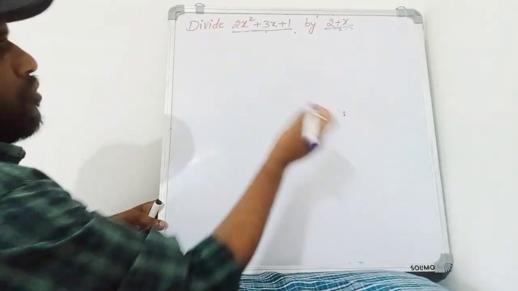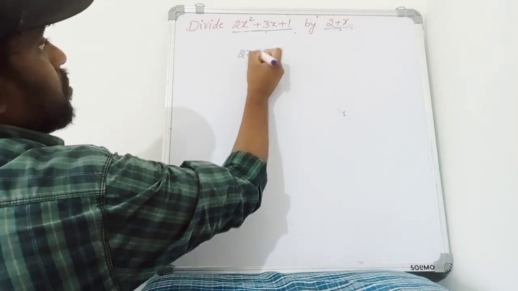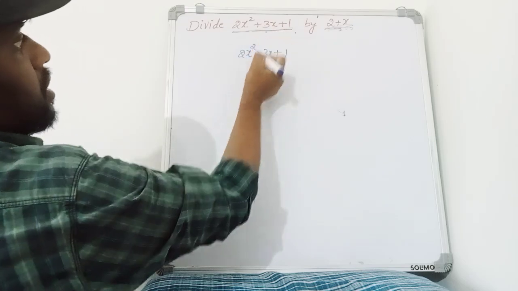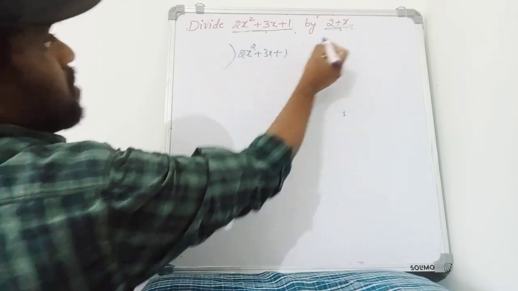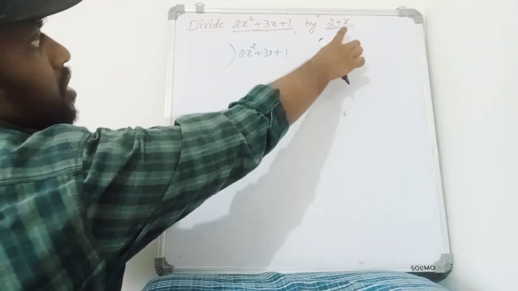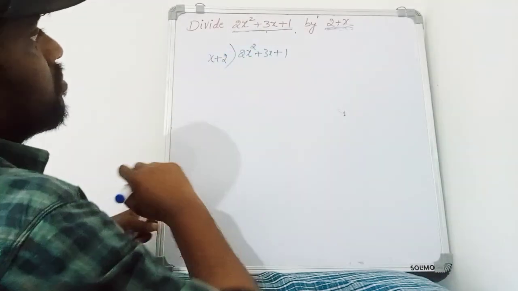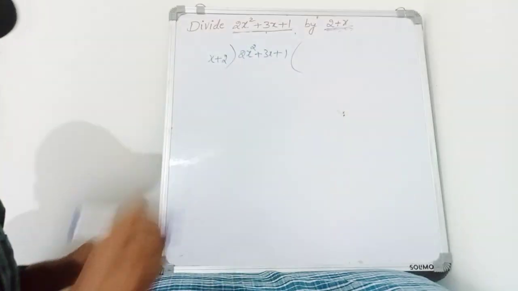So, you know how we got this? First, we have to write the polynomial in decreasing order of powers of x. Then the divisor, not 2 plus x; in decreasing order of powers of x it is x plus 2. Now we have to proceed with the division process.